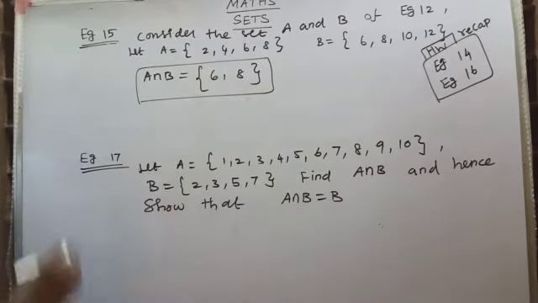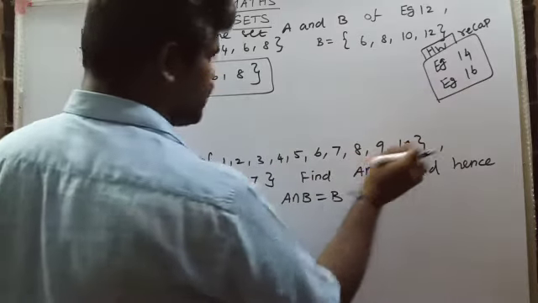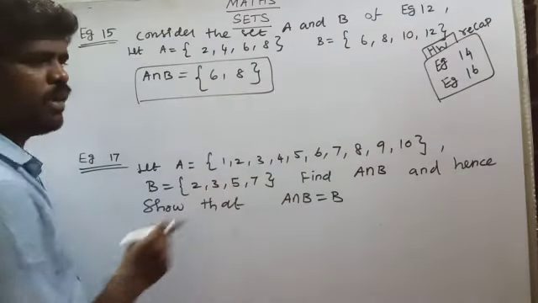And example 17. This is the set A, {1, 2, 3, 4, 5, 6, 7, 8, 9, 10}, and B, {2, 3, 5, 7}.